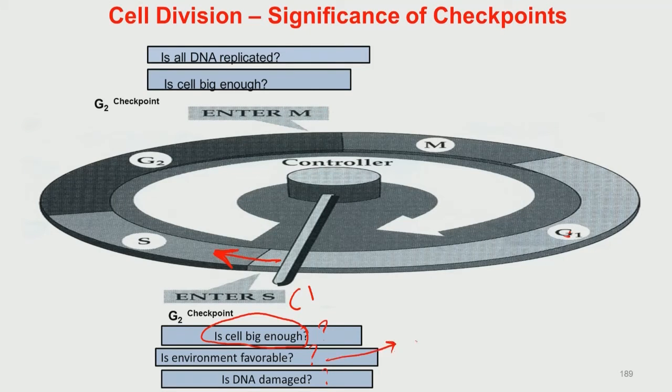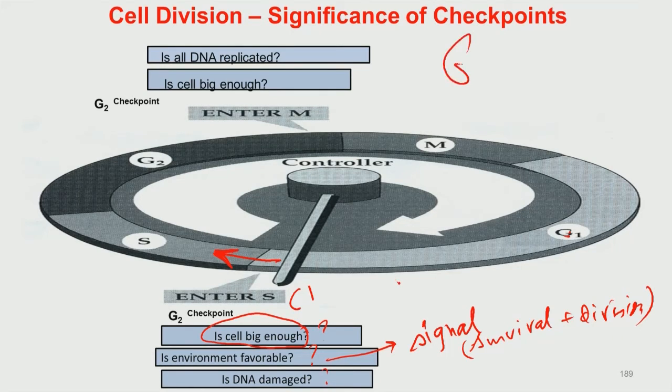Environment favorable means whether the signal molecules are present or sufficient signaling is taking place. That means signal molecules are needed for both cell survival as well as cell division. So, you need certain extra signaling molecules which will influence the cell division process. If the DNA of the cell is damaged, then the cell cannot go to S phase, it will remain in the G1 phase.